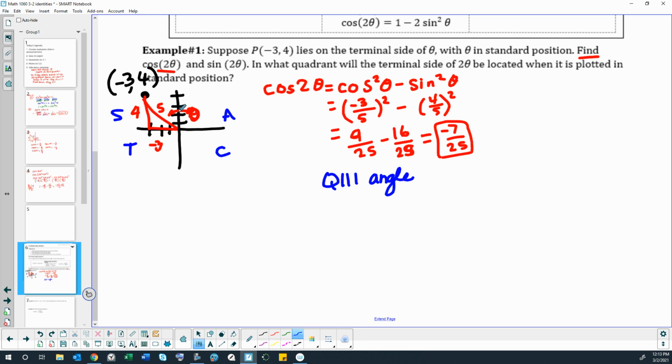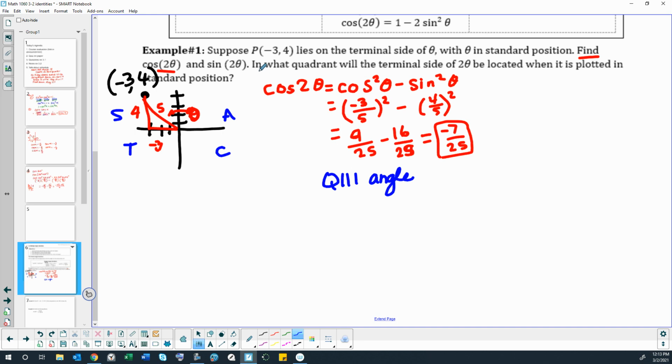That means that theta itself had to have been less than 135 degrees. It had to have been, because if we add 135 plus 135, we get 270. And so anything smaller than 135 would keep it in the third quadrant. Which makes sense because this side 3 is shorter than this side 4, so that angle is less than a 45-degree angle into quadrant 2.